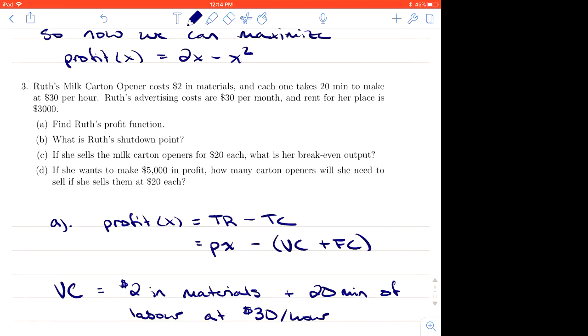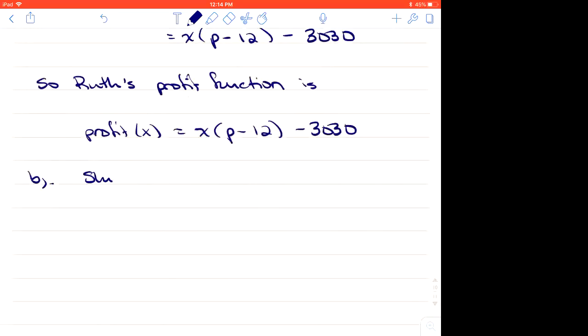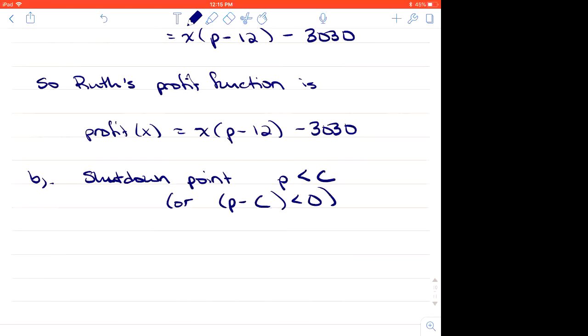So just as a fact, the shutdown point is when P is less than C, or if we wanted to write, when P minus C is less than 0.